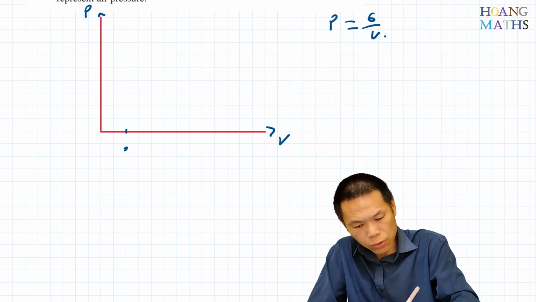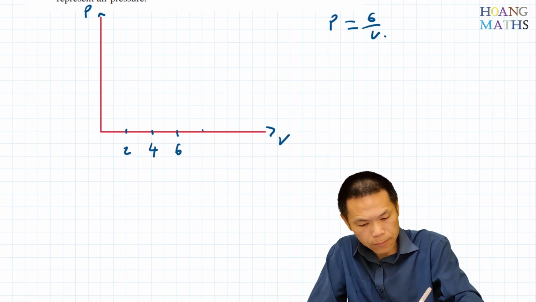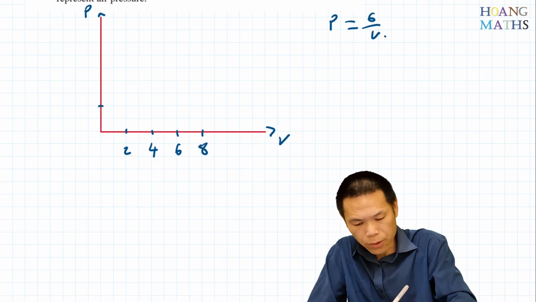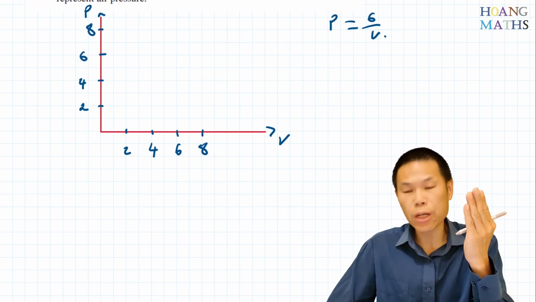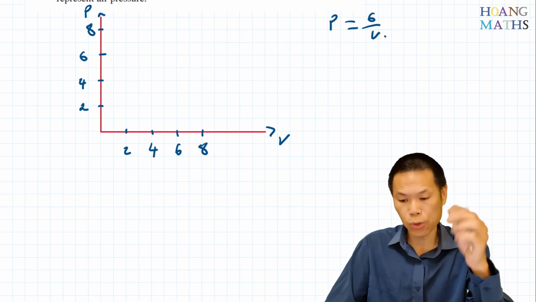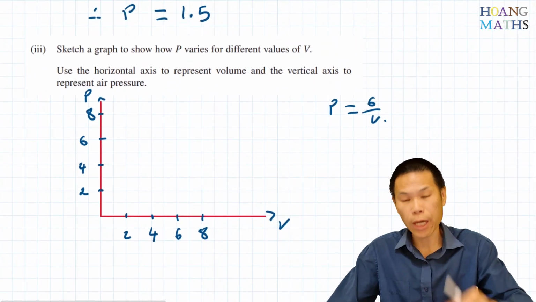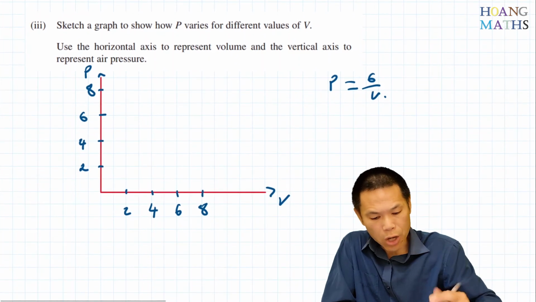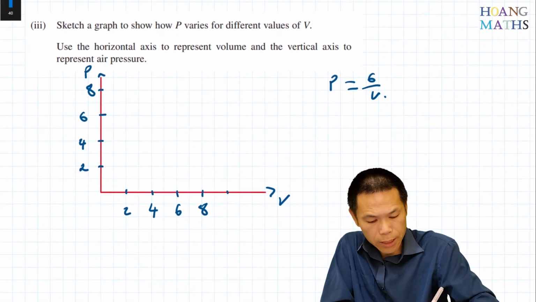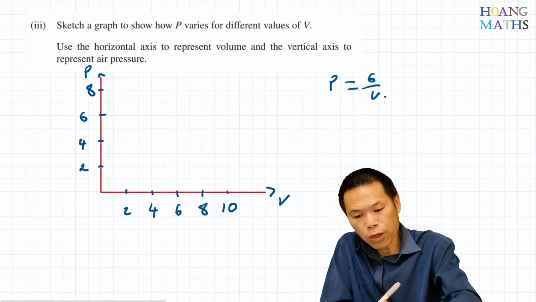So this is 2, 4, 6, 8. 2, 4, 6, 8. Noting that we don't need negative P and V because this is applications and we cannot have negative P and we cannot have negative V. Okay, just keep that in mind. So I put this 10 here. So now I just plot a few points.